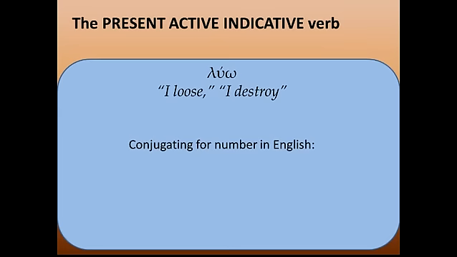In English, we sometimes change a verb for singular versus plural. That is, if our subject is singular, we'll use one form of the verb. If our subject is plural, we will use another form of the verb. He goes. Well, the subject is singular, and so we say goes. But what if the subject were plural?